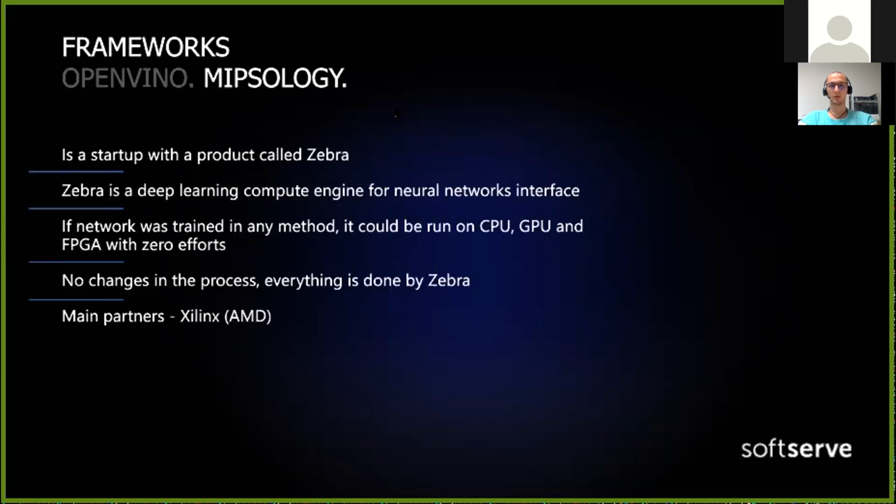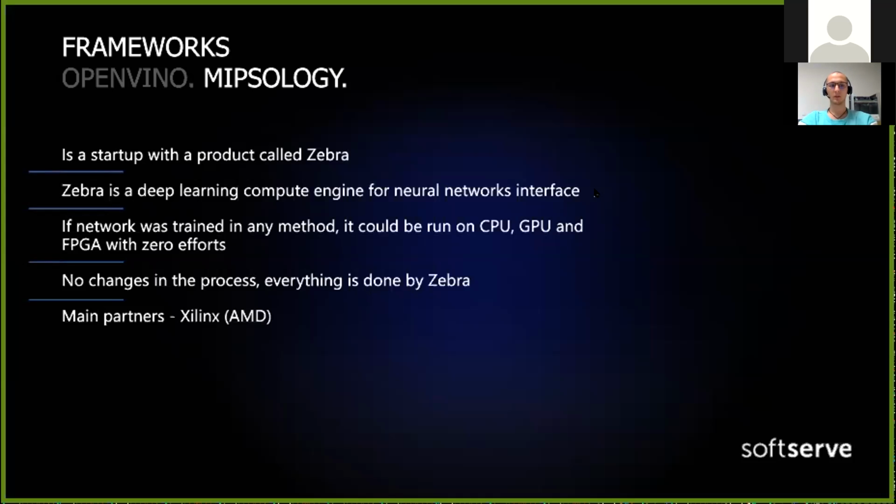Mipsology. Mipsology is a startup. This startup has a product called Zebra. Zebra is a deep learning compute engine for neural network inference, and this is something like OpenVINO, but for more platforms, because OpenVINO can be used only for Intel products. So they say that any model trained on your computer can be deployed using Zebra on the different platforms that they support.